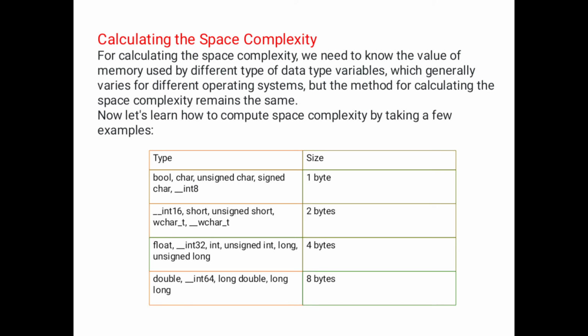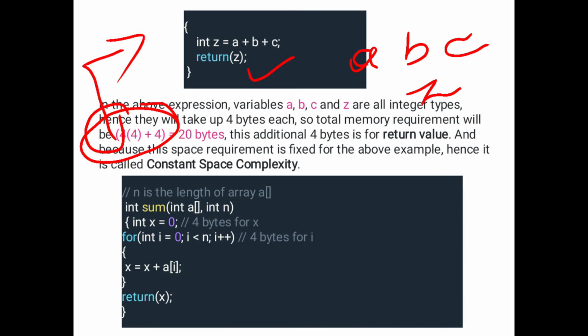Integer, unsigned integer, long, unsigned long, all of these carry 4 bytes of information. So here all variables are integer type data.